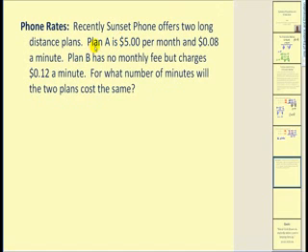Sunset Phone offers 2 long-distance plans. Plan A is $5 per month and 8 cents a minute. Plan B has no monthly fee but charges 12 cents a minute. For what number of minutes will the 2 plans cost the same? So let's let x equal the number of minutes.